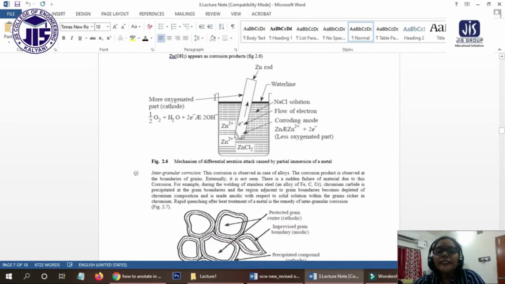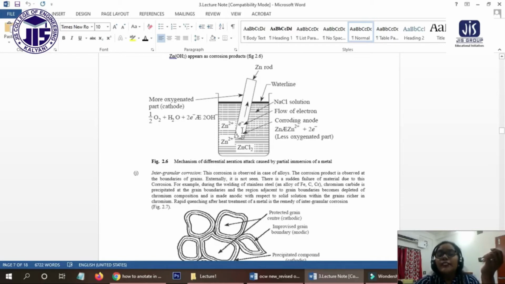Next we have concentration cell corrosion. Like if we are keeping a beaker, and into that beaker we take a sodium chloride solution. That is one type of electrolyte, all of you know. So in a beaker one electrolytic solution is there, and in that solution we have dipped a zinc rod.